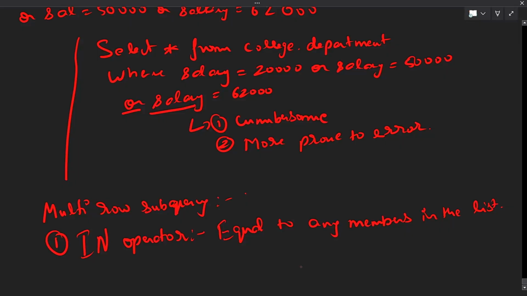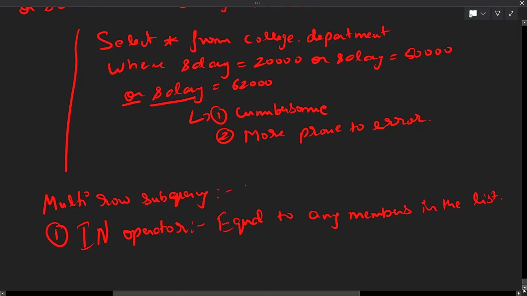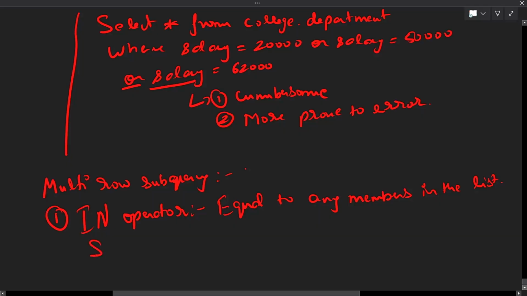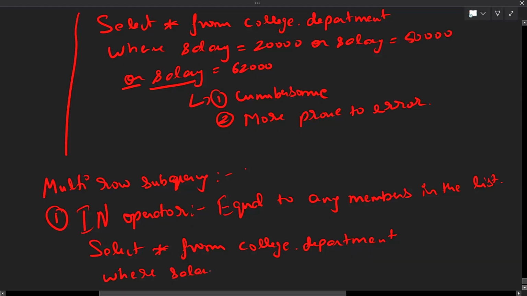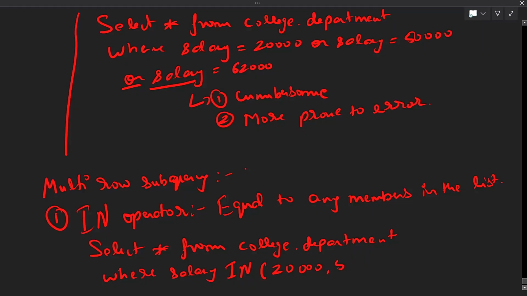Now what does it mean? It very simply means: select star from college dot department where salary in 20,000 comma 50,000 comma 62,000.